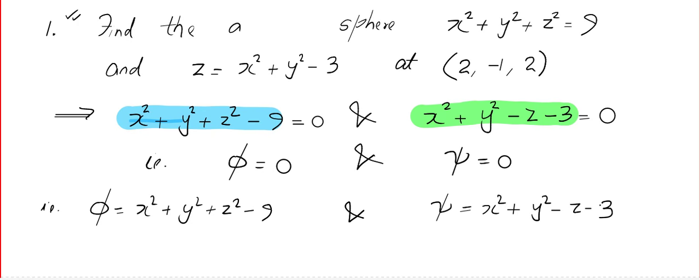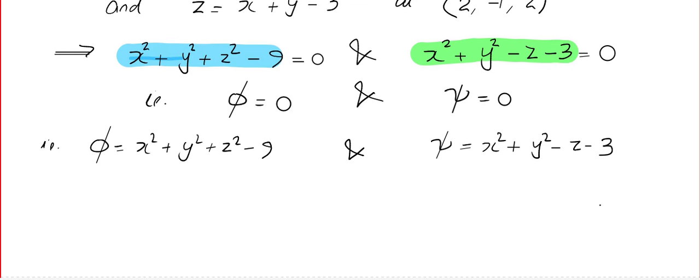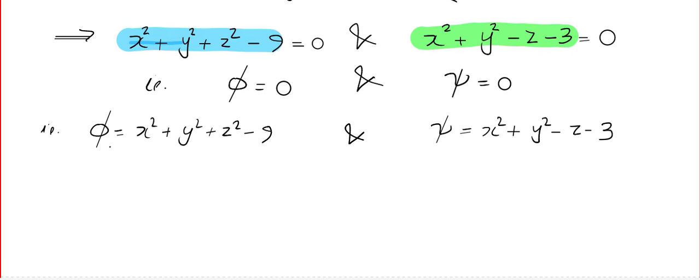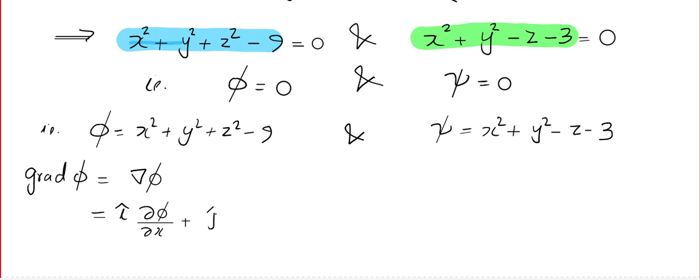One more thing, I told you in the last video, gradient is defined only for scalar valued functions. So now I'm going to find the gradient of phi, which is del phi, given by the formula. In examination, make it a habit to write the formula.